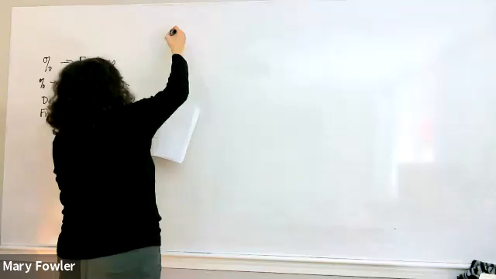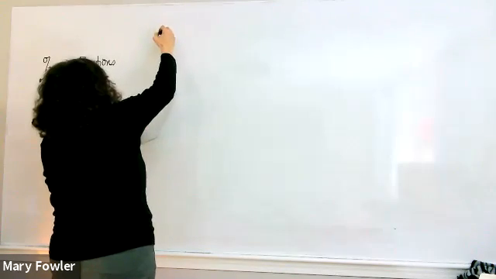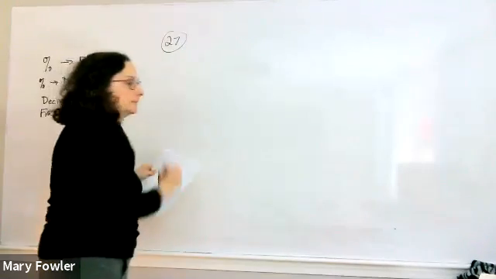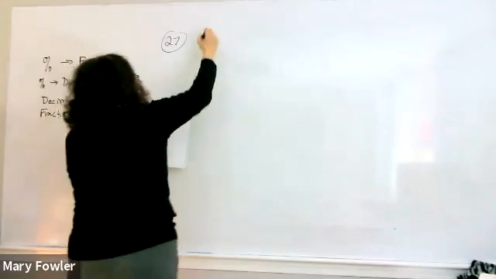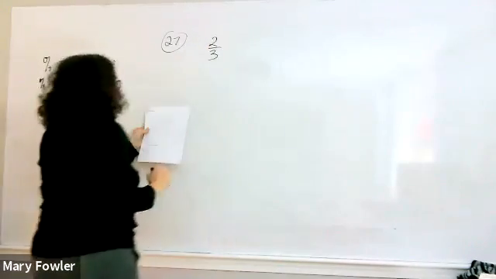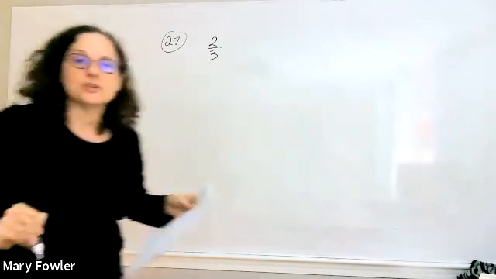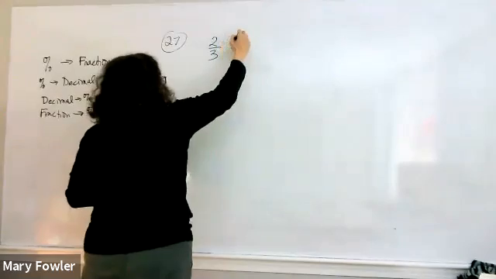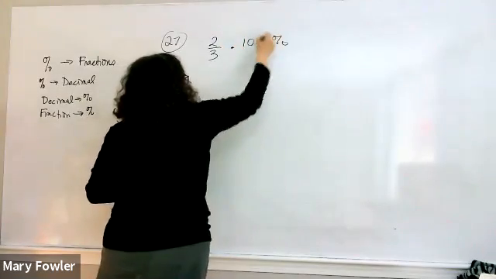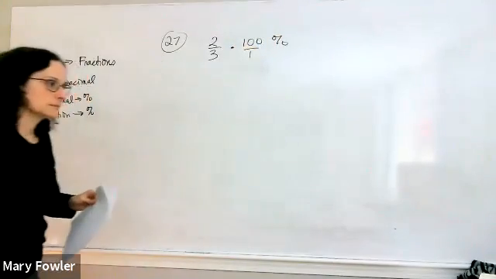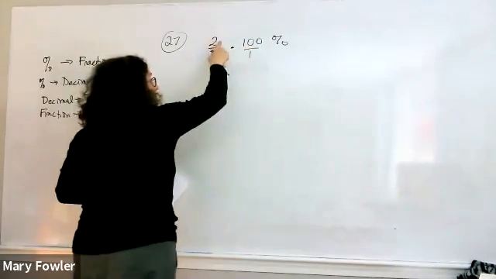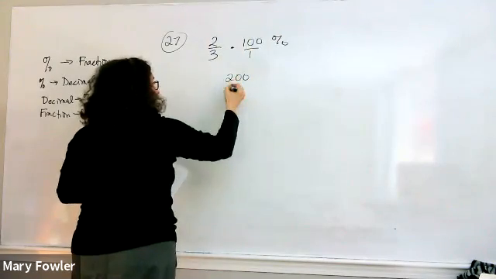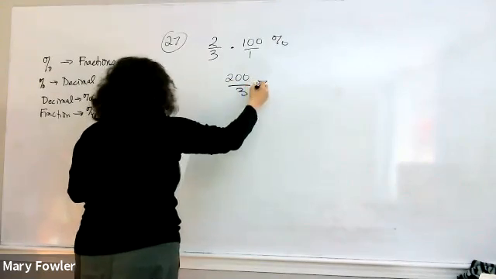So we're going to start with 27. We're given 2/3, and we're asked to change it to a percent. So we're going to multiply by 100%. Nothing cancels, we get 200 over 3%.